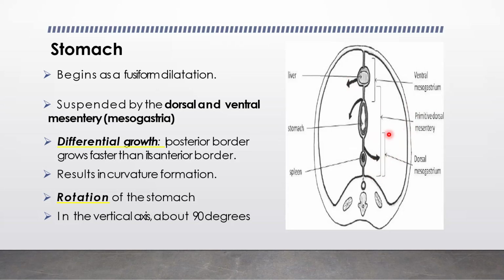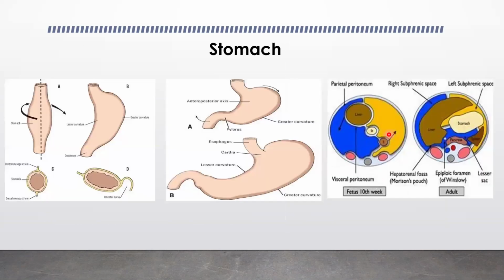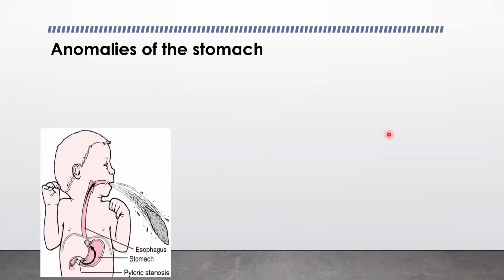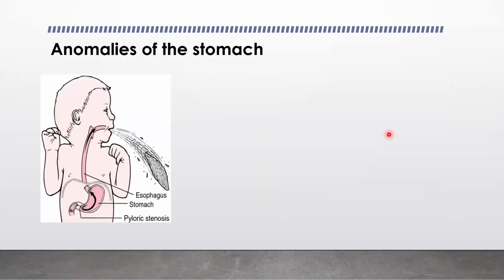So now we can talk about a few of the anomalies. For the few anomalies that we'll talk about today, you can see this is the pylorus. The pylorus can undergo hypertrophy.